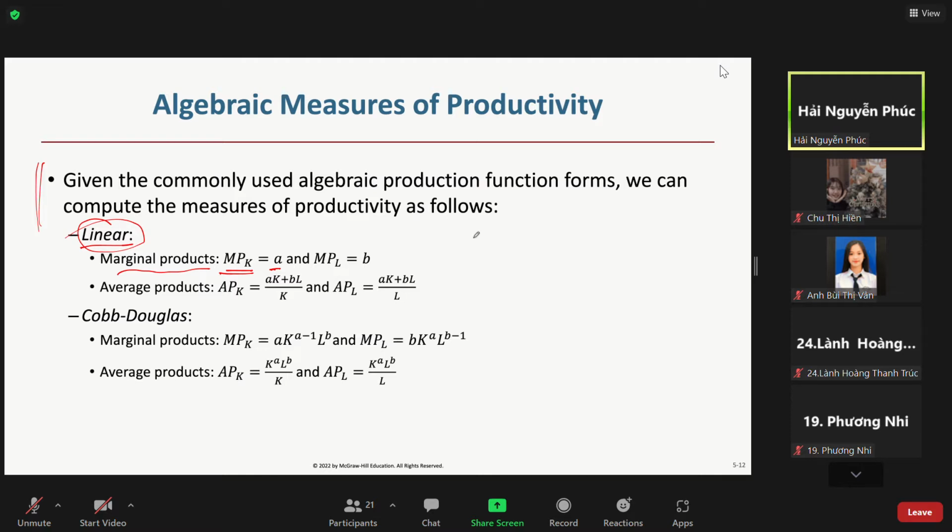Because once again, we write down the equation: Q is equal to AK plus BL, right?